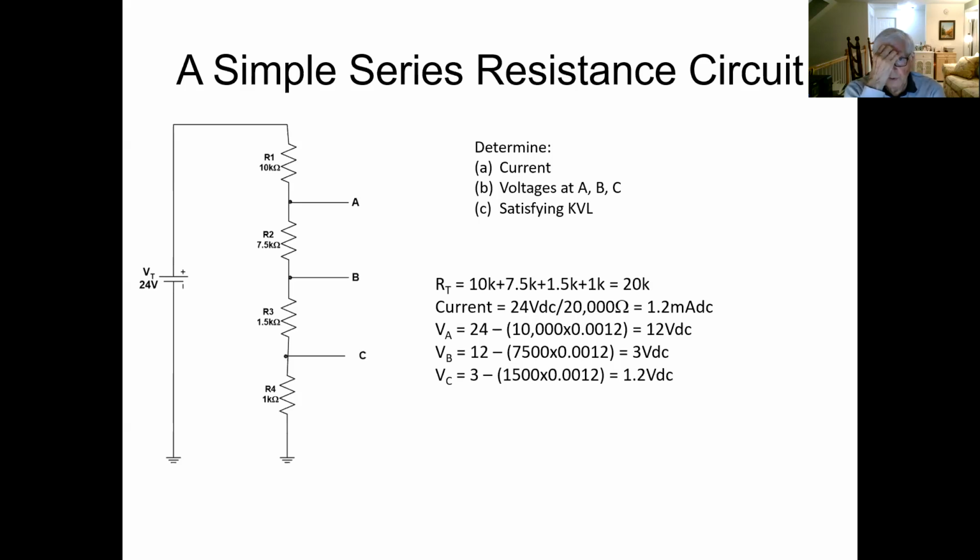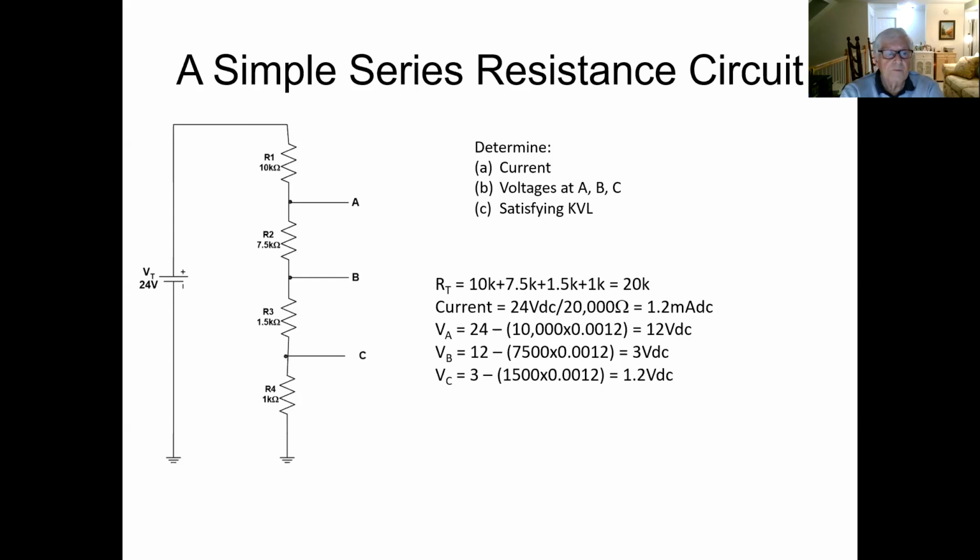If we add up all the resistances, because it's in series, we get 20k ohms of resistance going through that whole circuit. And so the current is going to be the 24 volts divided by the total resistance, giving us 1.2 milliamps of DC current.